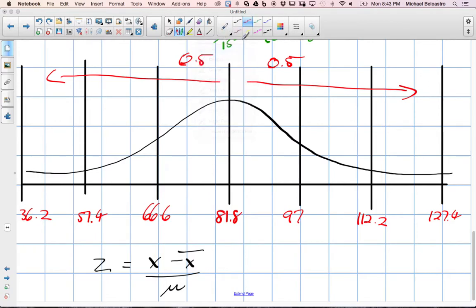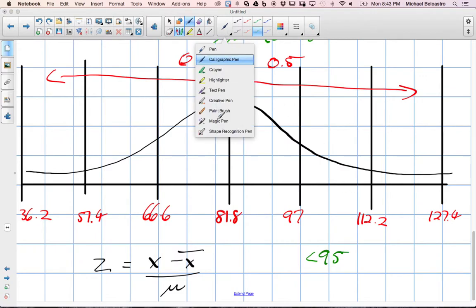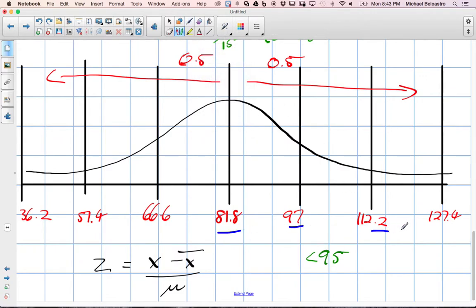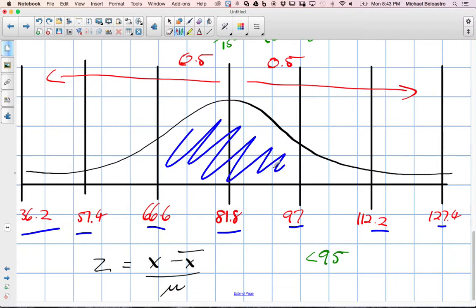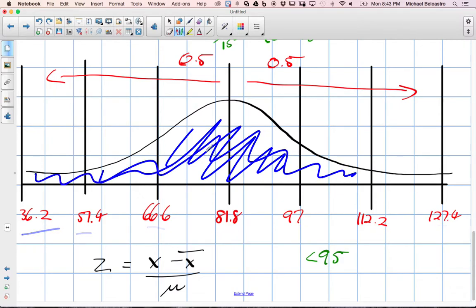Let's say I wanted to know what percentage of students have a grade that is less than 95. You'll notice that 95 didn't fall in our deviations. If you recall from our standard deviations, 68% of the data fell here, 95% fell here, and then 99.7% takes up those 3 deviations.